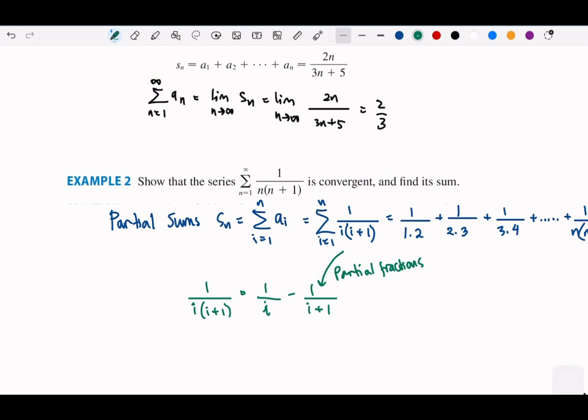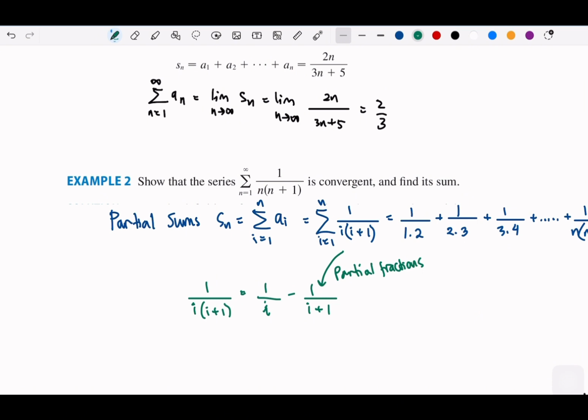If you want to know how to do it, look back at the notes from last semester. So we could separate this to become 1 over I minus 1 over I plus 1. If we put the numbers back into this, each component becomes separate, and we take 1, 2, 3, 4, and so forth.